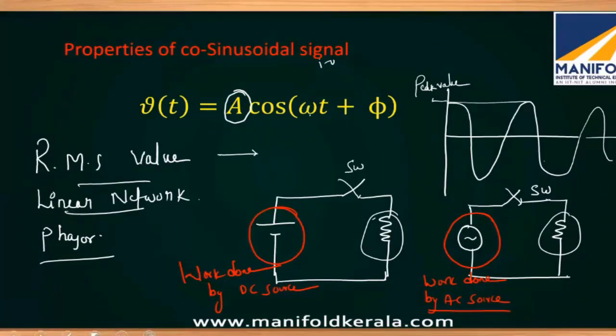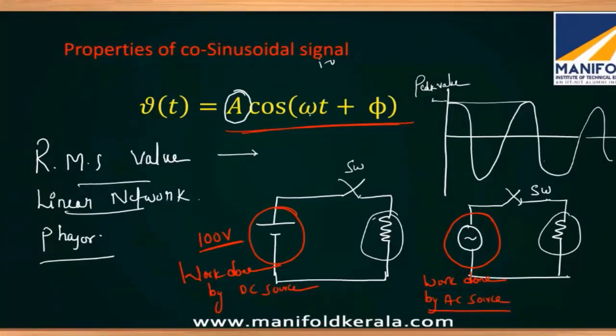Suppose my DC voltage is say 100 volt, and my AC voltage source is Vm cos(omega t plus phi).